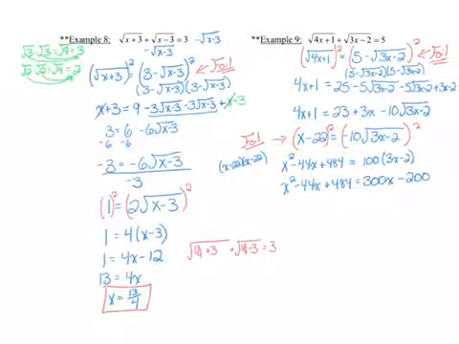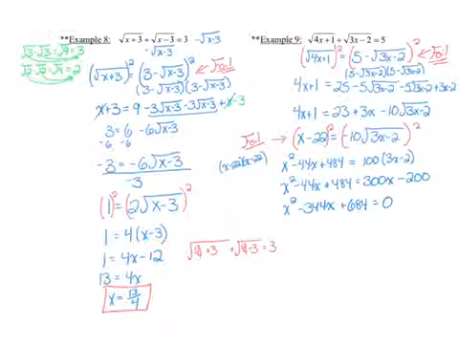Now, if you notice, we have an x squared in this case, so we are going to have to do some factoring in order to solve for x. And since we're going to factor, we have to get everything equal to 0. So we're going to bring everything over. So we're going to have x squared minus 344x plus 684 is equal to 0.